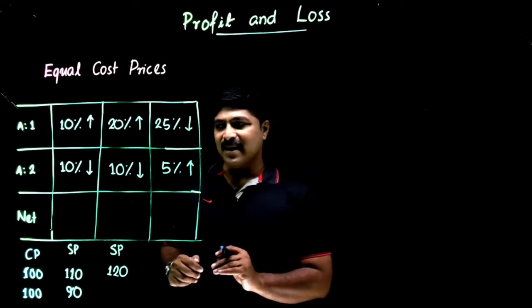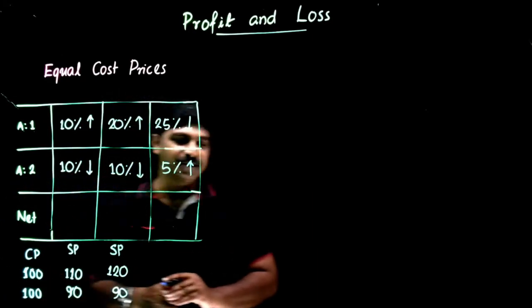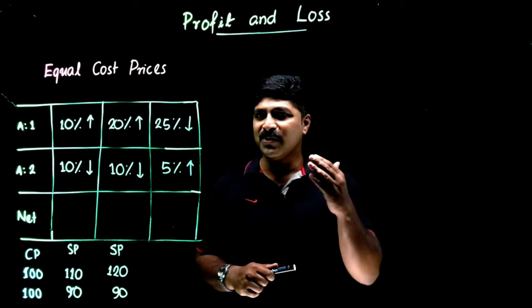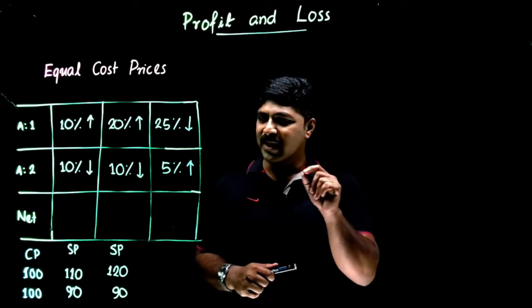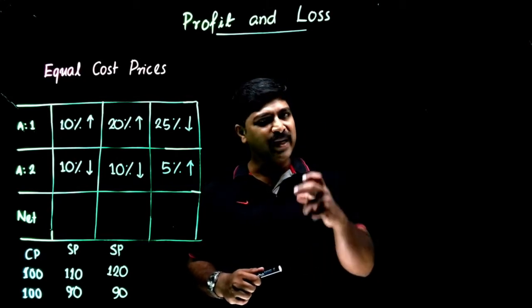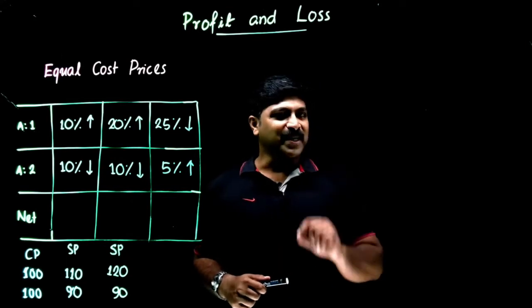And the second article incurred a loss of 10%, therefore 90. What will be the net revenue here? 120 plus 90, that is 210. So we can conclude, while you spent rupees 200, you got a profit of 10 rupees.